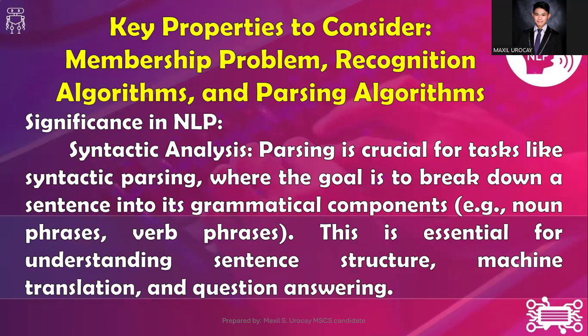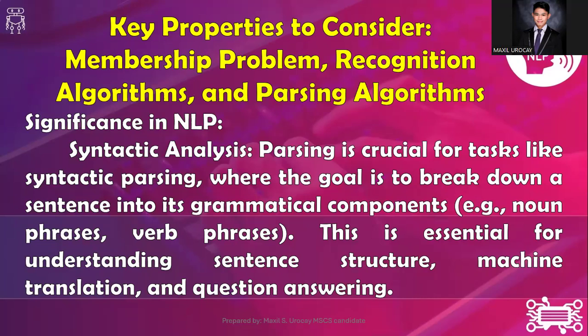This is essential for understanding sentence structures, machine translation, and question answering. So in NLP, parsing is essential for syntactic analysis, where a sentence is broken down into its grammatical components. This analysis is crucial for tasks like machine translation and question answering, as it helps the system understand sentence structures and relationships between words.